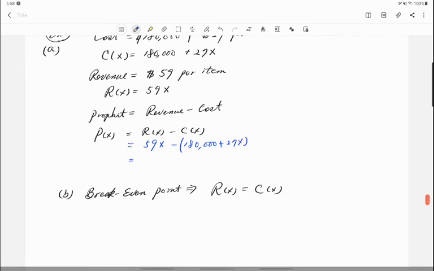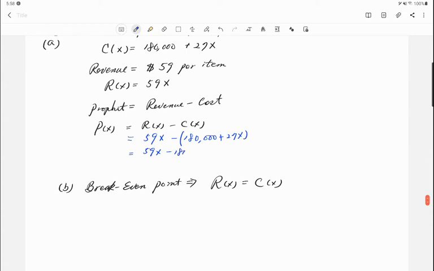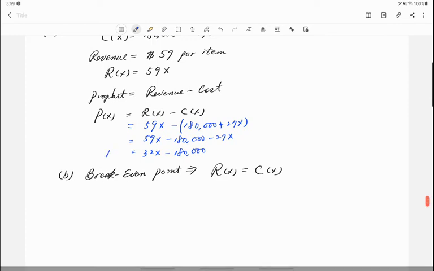Then rewrite it: 59x minus 180,000 minus 27x. Then this is equal to 32x minus 180,000. So this is the formula for the profit.